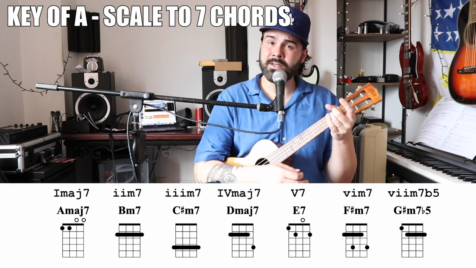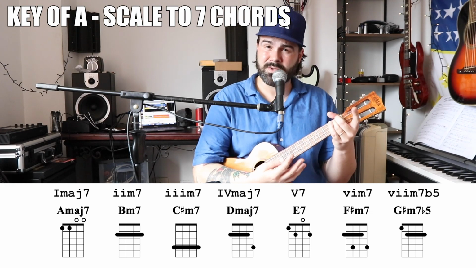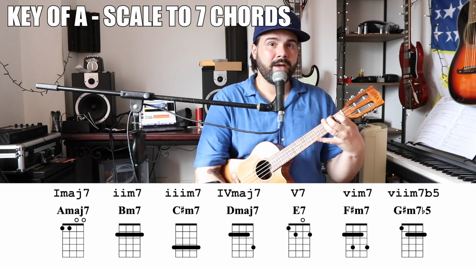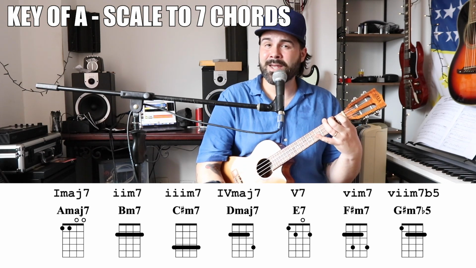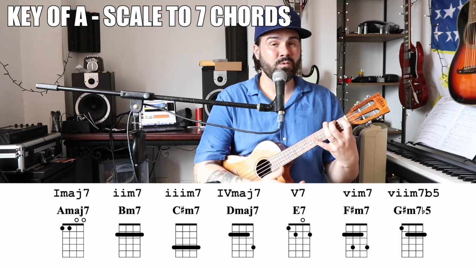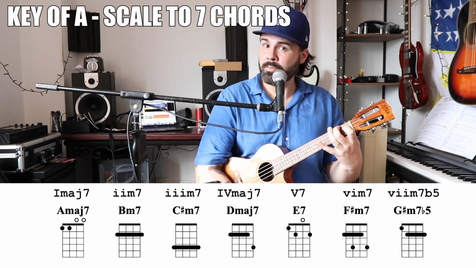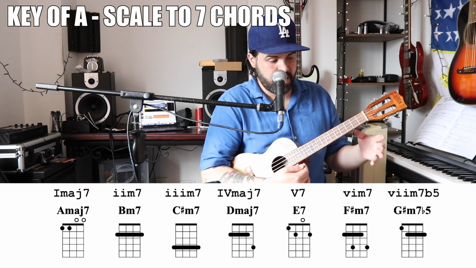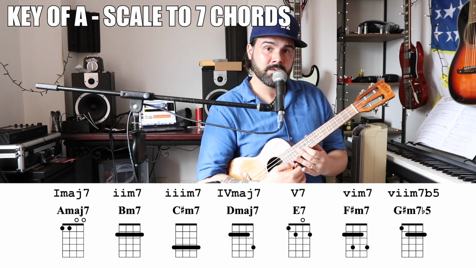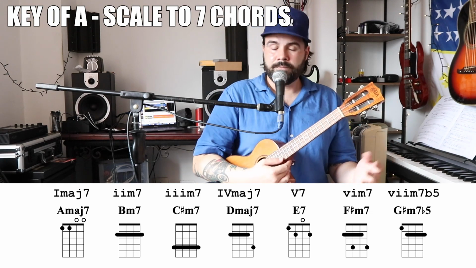Now, if you know these intervals, you can also learn how to construct these chords without having ever seen them. Take an A chord. For it to become an A major 7, we have to add a 7th interval. A 7th interval relative to A is a G sharp note, because we go all the way up to find that 7th interval, G sharp, right?